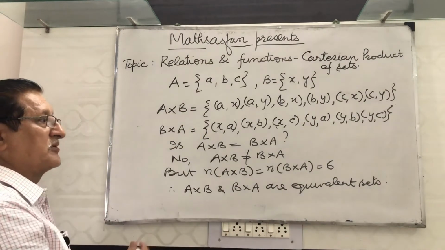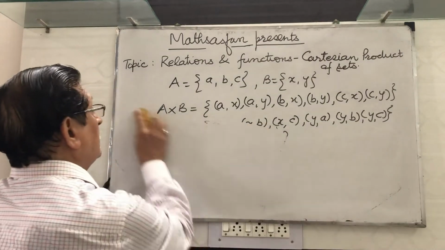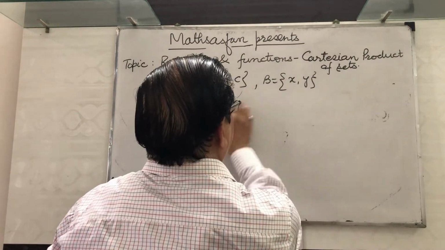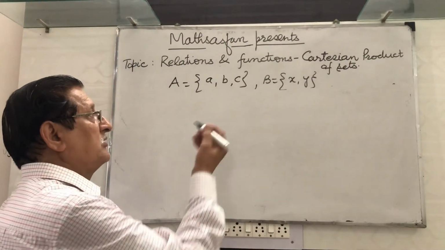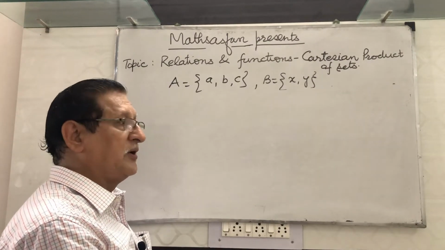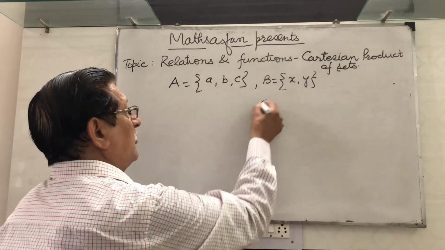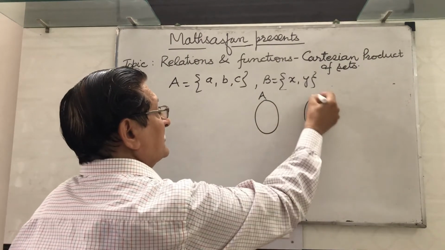Now, one more thing I would like to talk to you about. Suppose we want to represent this with Venn diagrams. You know about Venn diagrams. Suppose we want to see the representation of A cross B, that is the Cartesian product of sets A and B, by Venn diagrams. Suppose I draw the figures for set A and set B here.